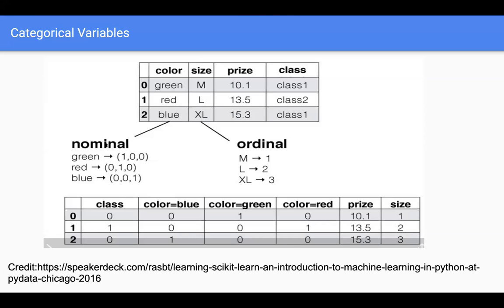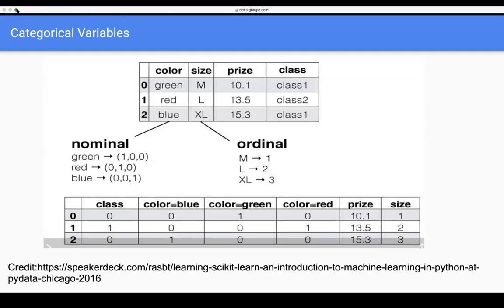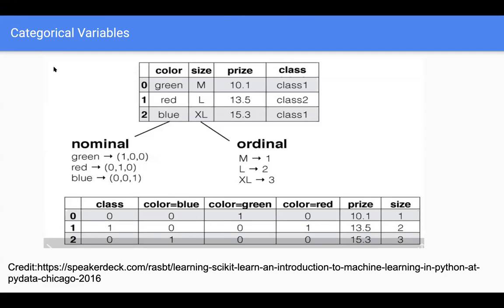Over here, we saw nominal and ordinal. There is also something called one-hot encoding that we will cover in one of our next classes. But over here, we can see that green, which is represented as 1, 0, 0, is transformed so that green becomes an individual column in the input data set.